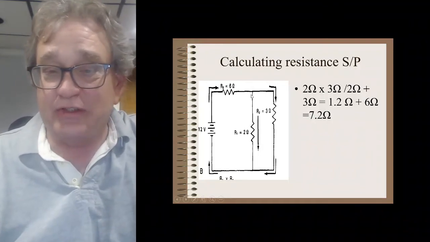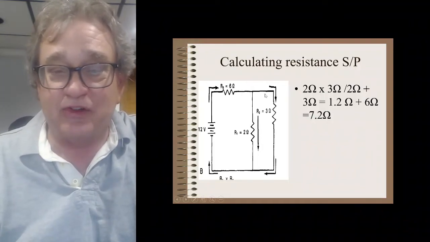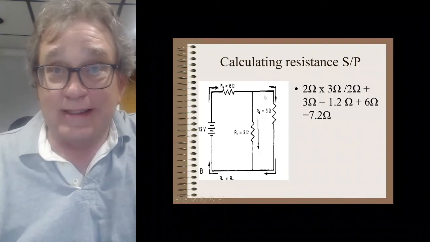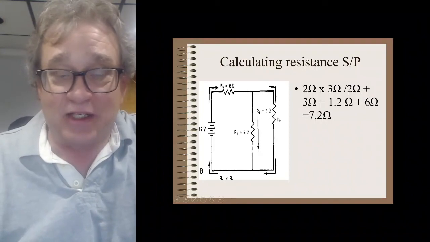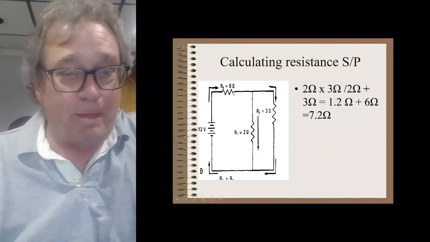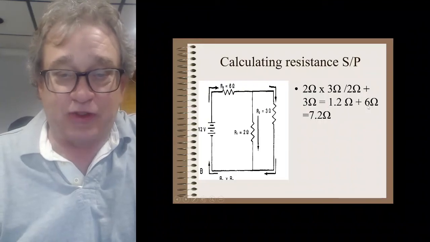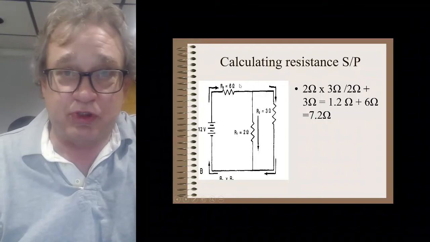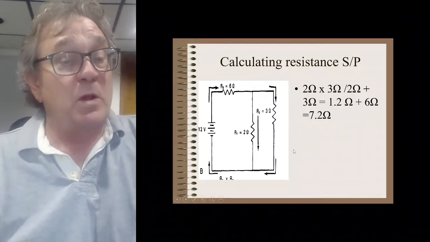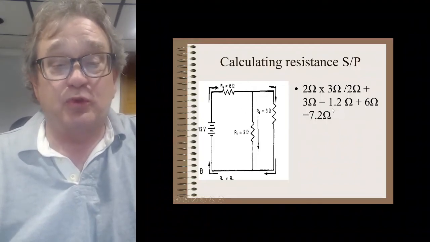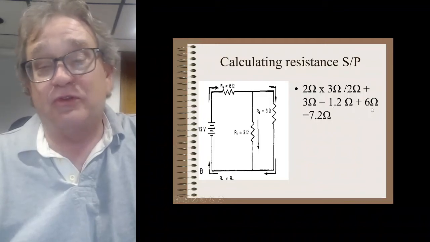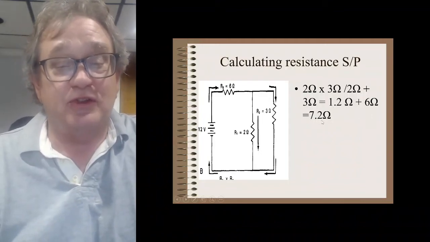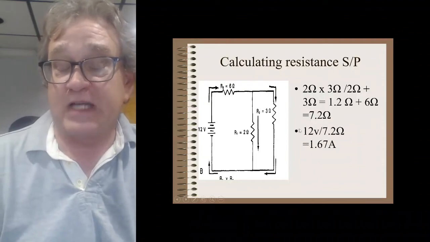So I could easily redraw this as a simple series circuit. I've combined these two now. Then I can add in the 6 ohm, this guy over here, because it turns it into a simple series circuit, right? So 1.2 plus 6 ohms gives me 7.2 ohms. Got it?